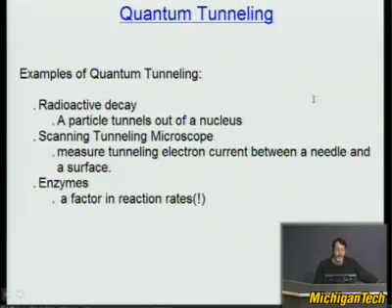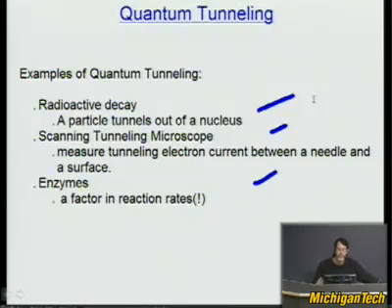For instance, radioactive decay happens all the time and helps us date things, for instance, carbon-14 dating. In radioactive decay, a particle will tunnel out of a nucleus. So this is a common phenomenon which relies on quantum tunneling. There are also scanning tunneling microscopes, where you put a needle down and there will be a tunneling electron current between the needle and a surface, and the amount of current can help you see very, very small things down to the atomic scale.